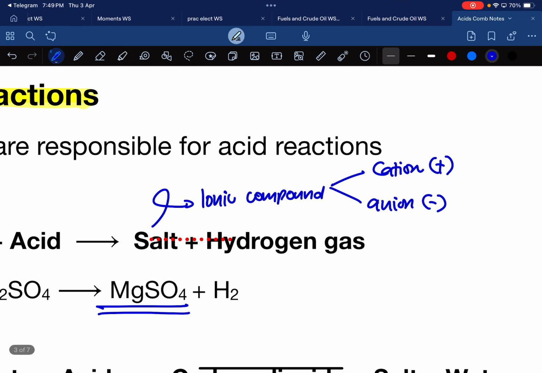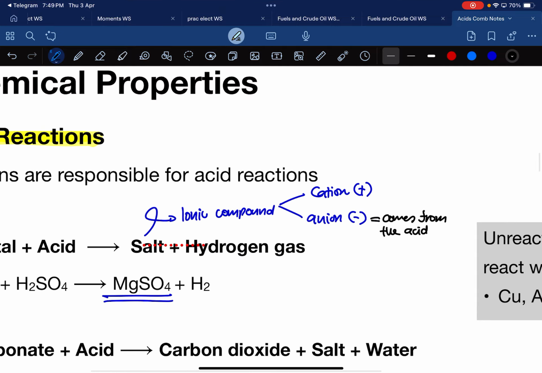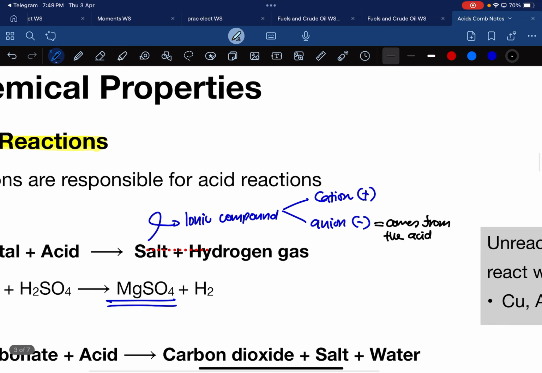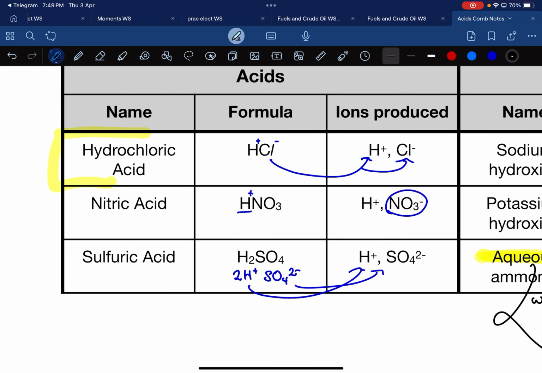And here's the kicker. Your anion comes from the acid. What does this mean? Remember that when we were talking about the acids just now, after ionization, every single one of your acids gave out H plus and a negatively charged ion. He is the one that goes to your salt.